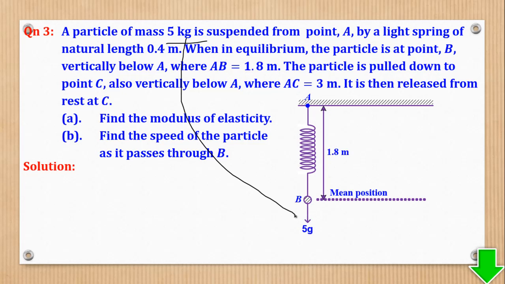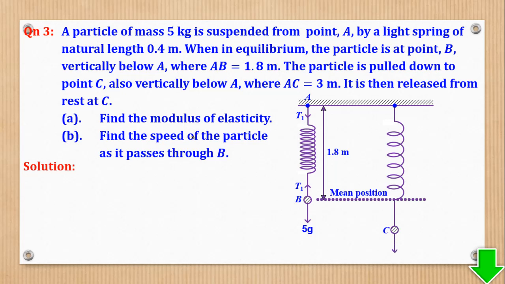So weight will be 5g. Because of weight, there will be tension. For tension, arrows must face each other. But they told us the particle is pulled down to point C. So I'm going to pull it further. So there is still tension, but the tension changes because the extension has changed.